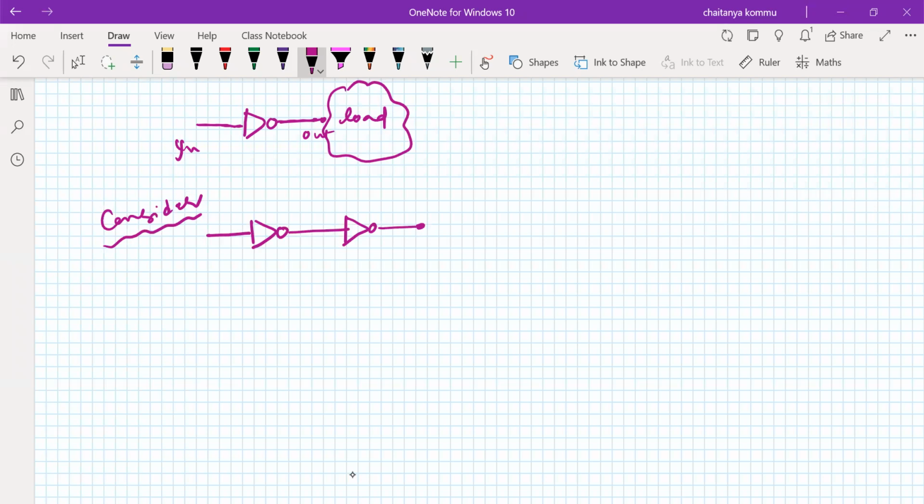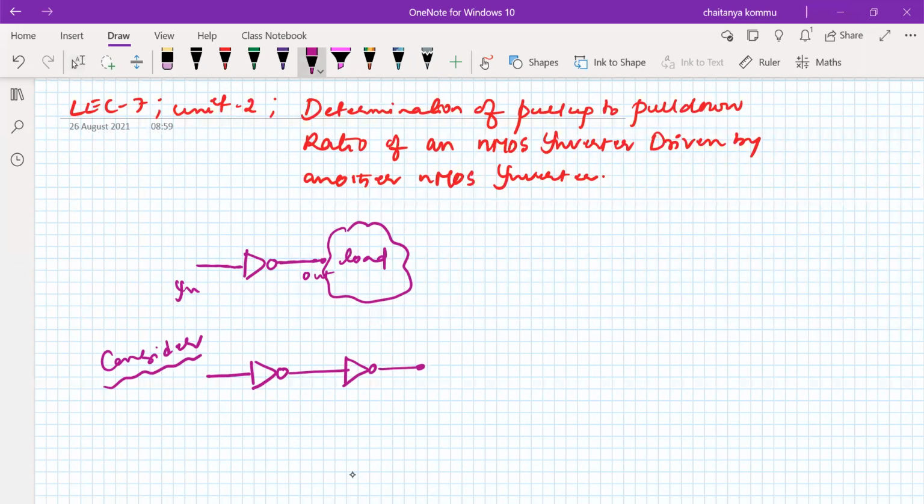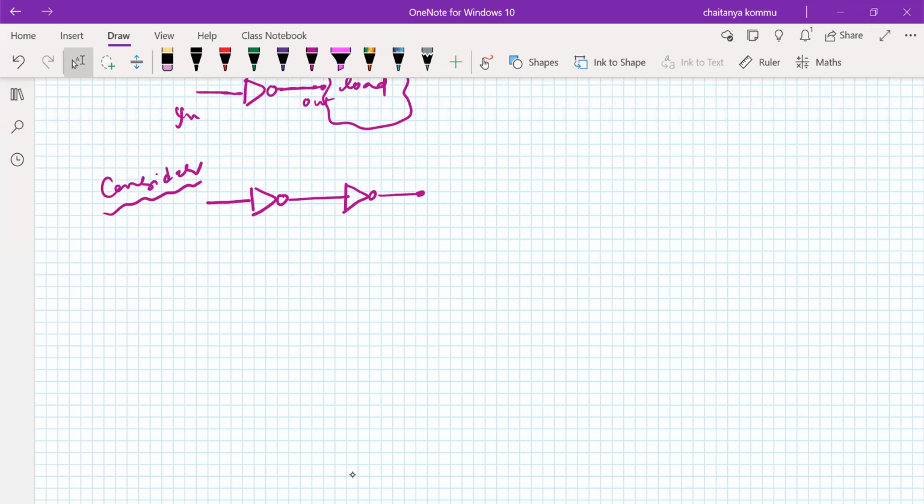As I mentioned, this inverter is an nMOS inverter, meaning only depletion load pull-up we are considering, not resistive load, because resistive load has some problems.